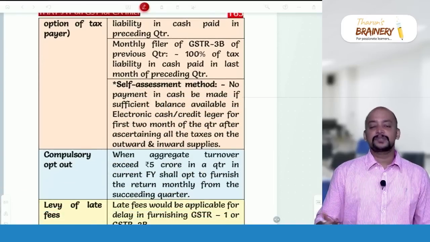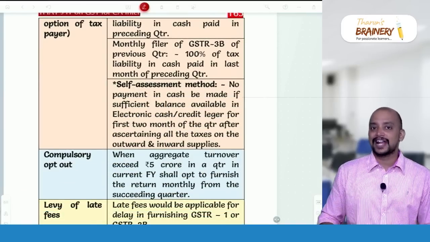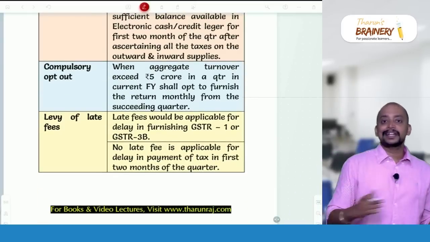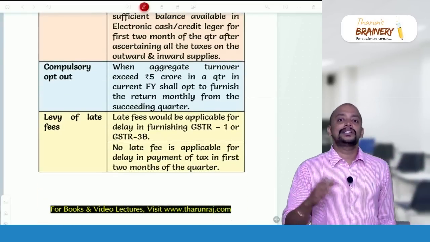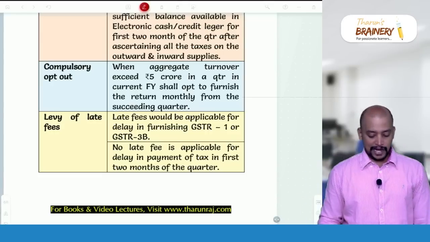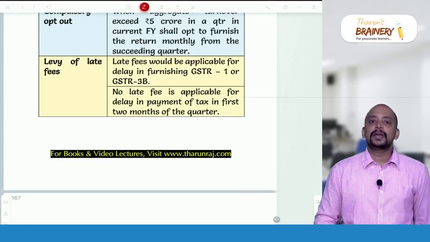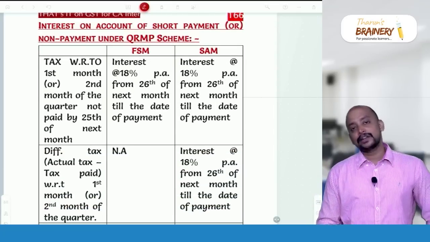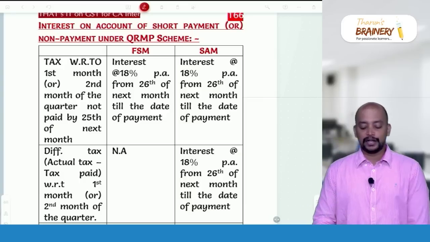Then if it is the self-assessment method, they need to compute their actual liability and discharge that liability. Compulsory opt-out during the current year: whenever the aggregate turnover in any quarter exceeds 5 crores, from the next quarter onwards they will be coming out of QRMP. And late fees will be applicable for delay in filing GSTR 1 and GSTR 3B, and interest on account of short payment or non-payment under QRMP.